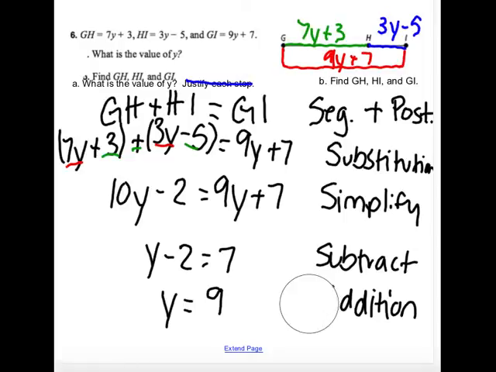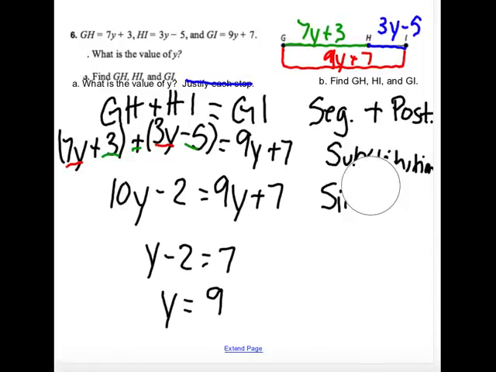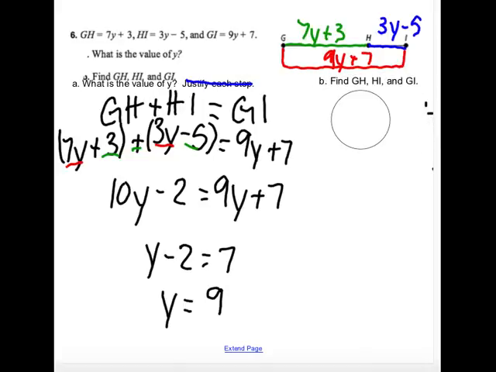Now, what we got to do, part B, says to find GH, HI, and GI. Well, I know what they are in terms of Y. Now I just have to plug them in. So GH, that green right here, is 7Y. Well, instead of Y, I'm going to write 9 plus 3.